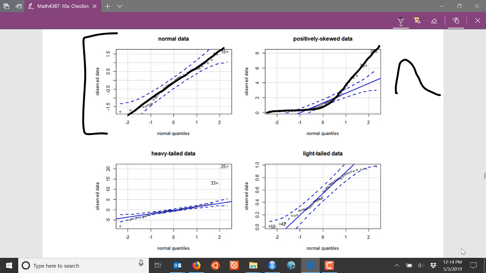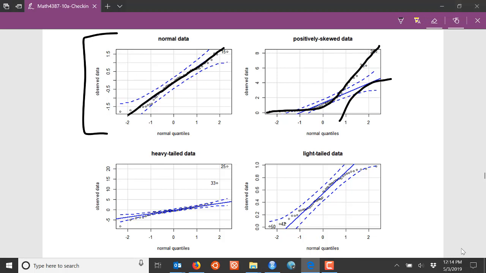It starts low and then angles upward. If we had negatively skewed data, by the way, it would flip like in a mirror and look something like that. So in either case, whether it's positively or negatively skewed, we have this strong, flat parabolic curve that will show up in our QQ plot.